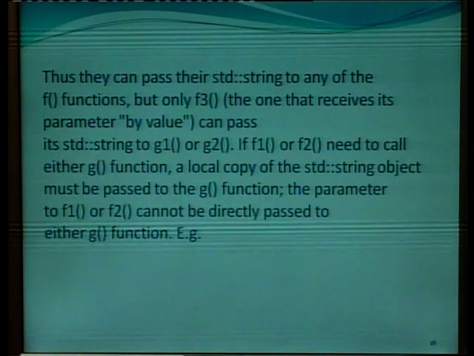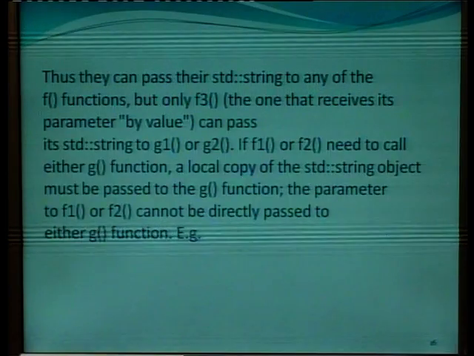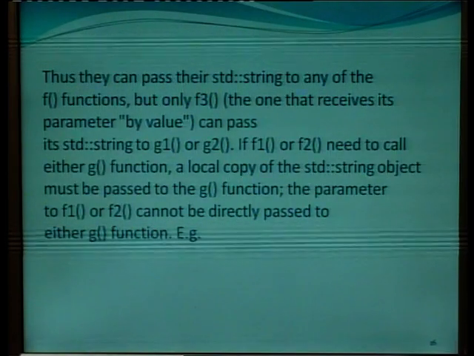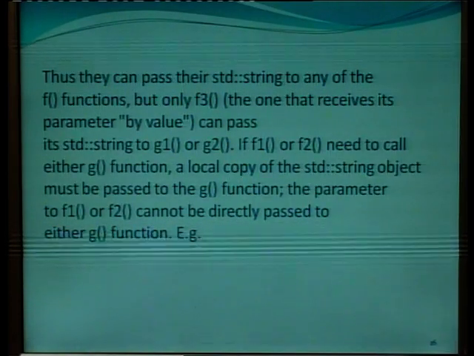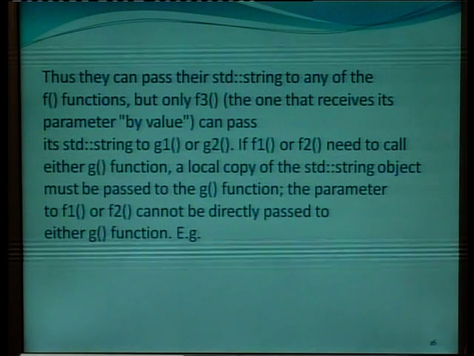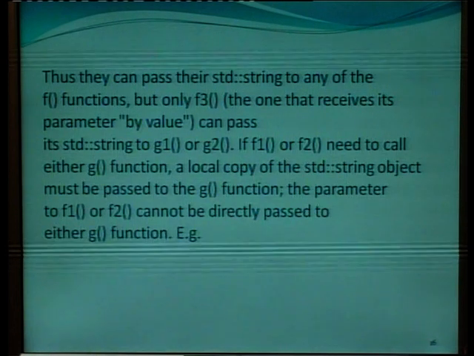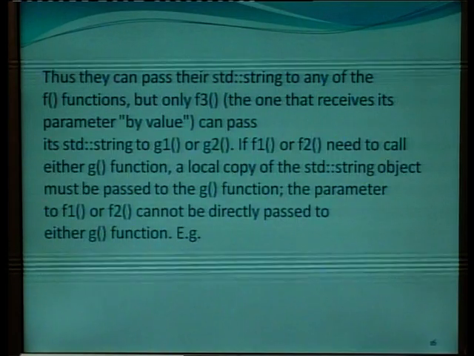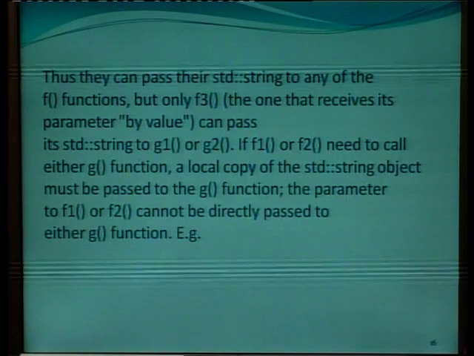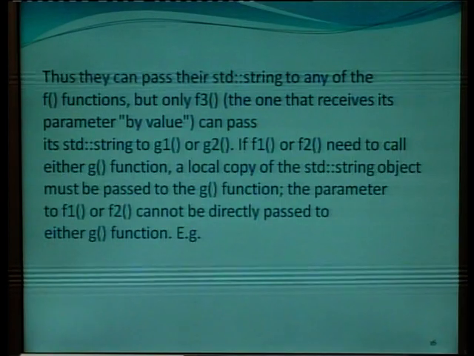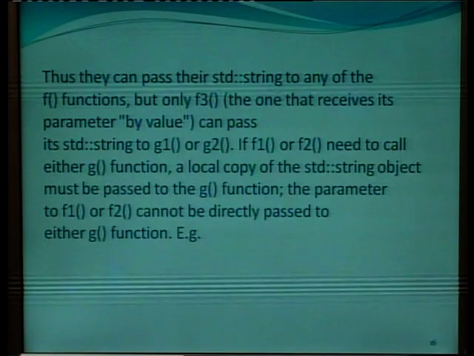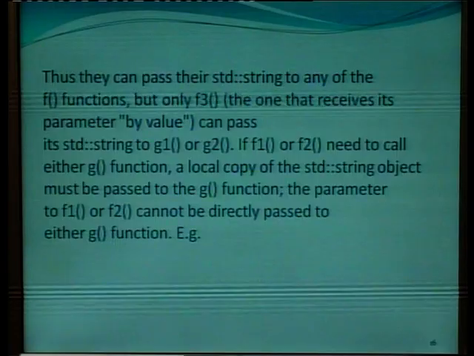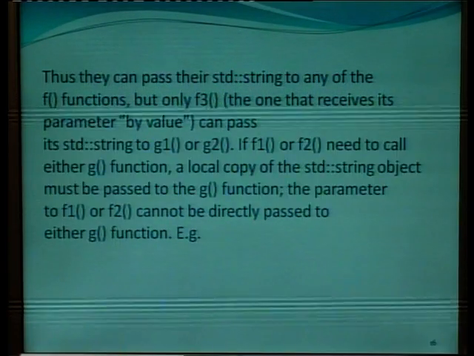Then the receiving end's parameter by value can pass its standard string to g1 or g2. If f1 or f2 need to call either g1 function, the local copy of the standard string object must be passed to the g1 function. The parameter to f1 or f2 cannot be directly passed to either g function.